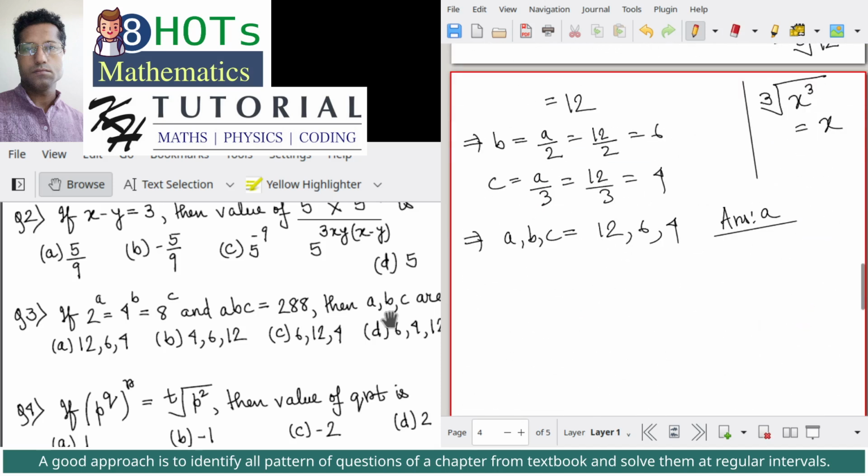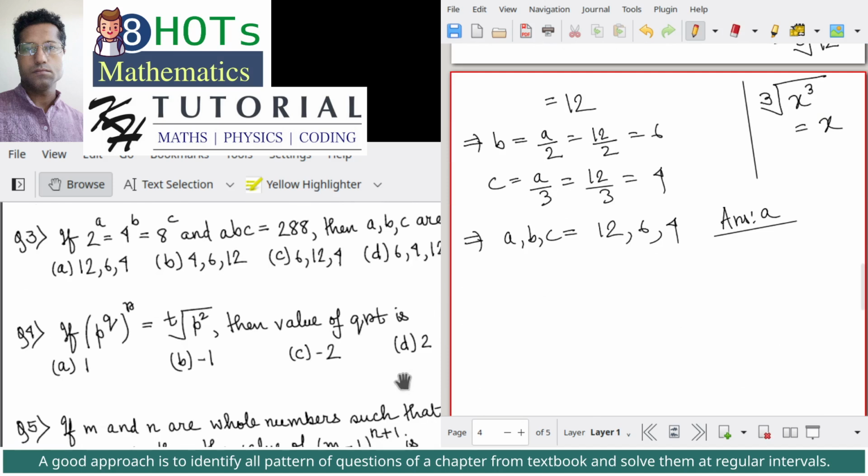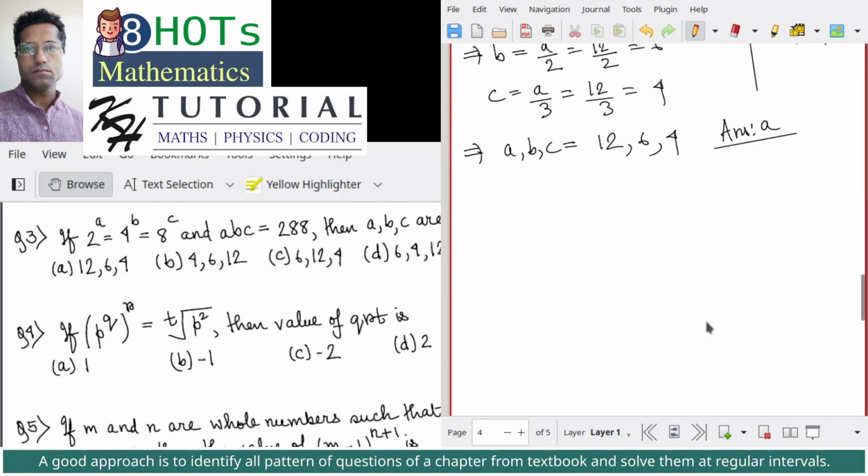Okay, that was question number 3. Let's do question number 4. It is given that p to the power q and this whole raised to the power r is equal to the tth root of p square.